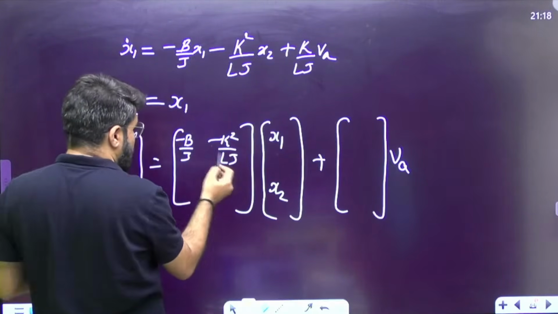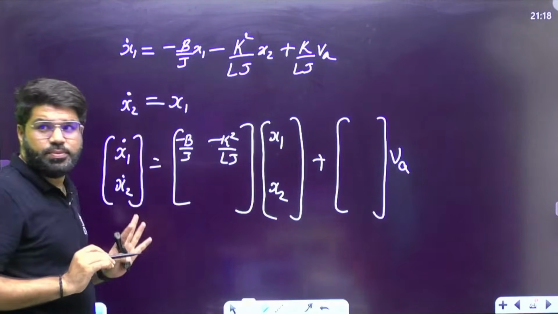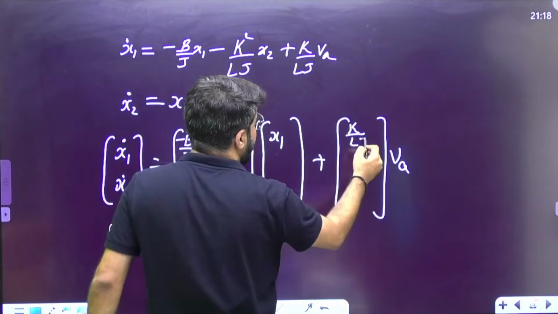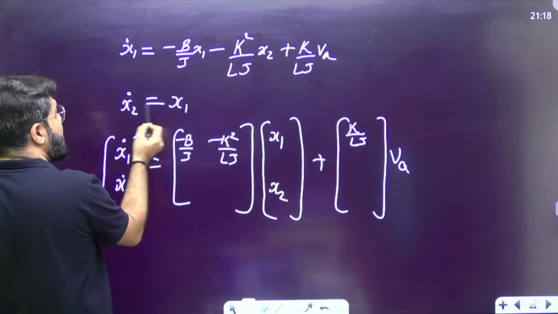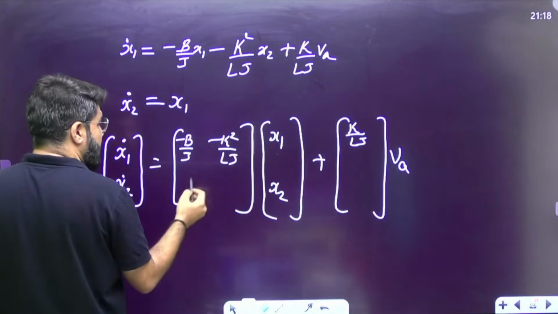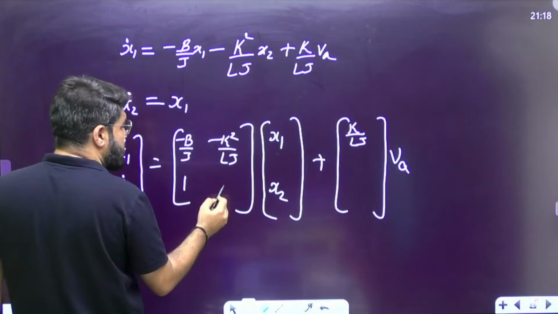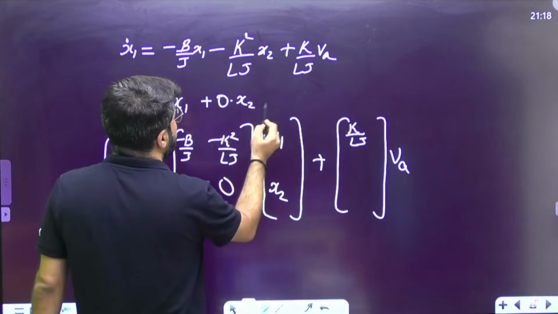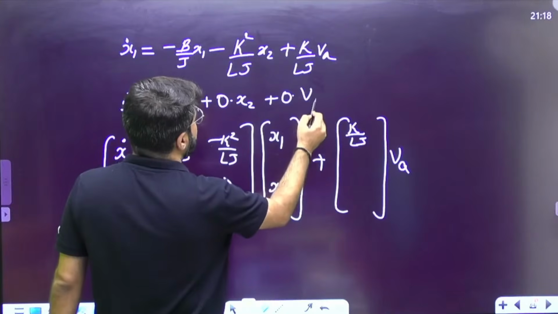That is the first row, because this first row will multiply with x1, x2 respectively, plus how much input? k by lj Va. The second equation only depends on x1, so the x1 coefficient is 1, there is no x2 here, so I can write it as 0 into x2, and there is no input term here, so I can write it as 0 into Va.